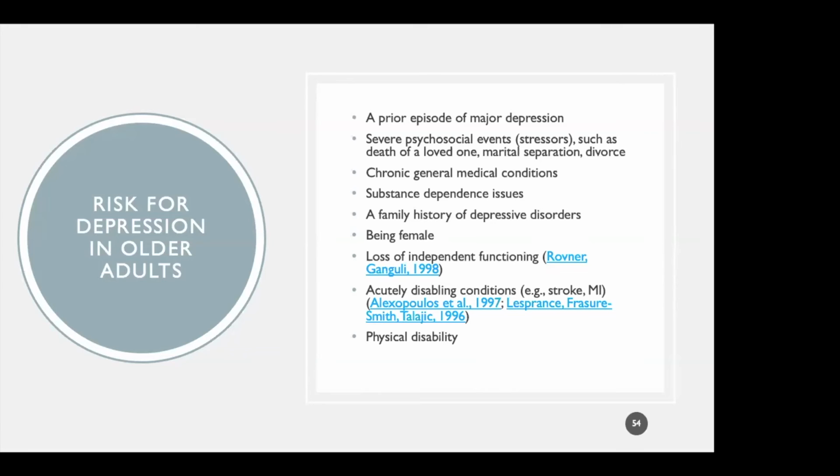You have a family history. You are female, so women are at higher risk for depression. You're experiencing a loss of independence. You have some new acutely disabling condition like a stroke, or a severe new cancer diagnosis, or some long-term physical disability. Next slide.